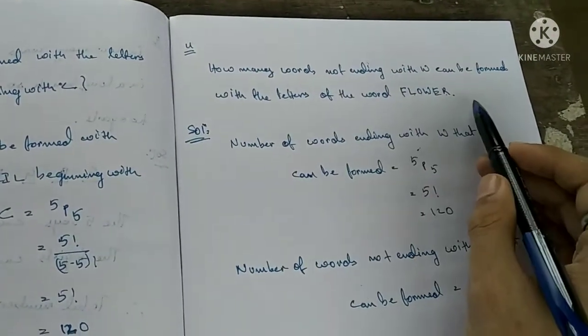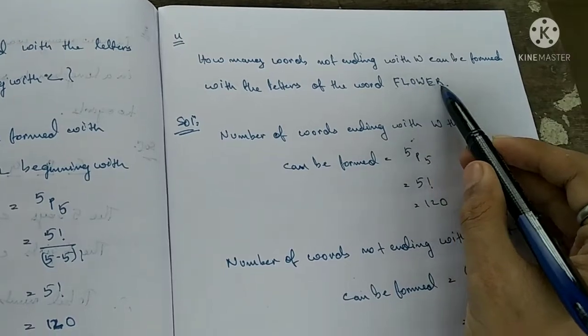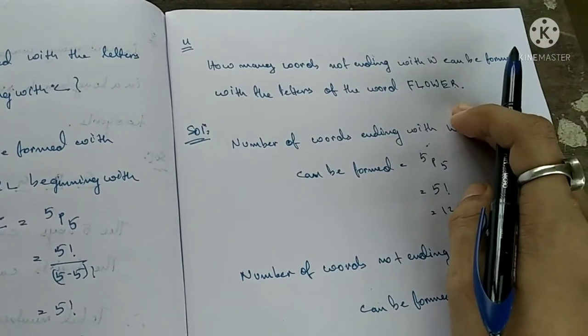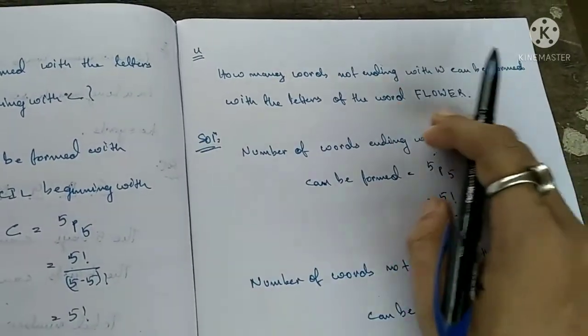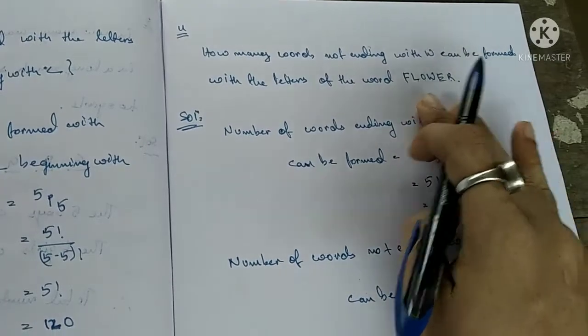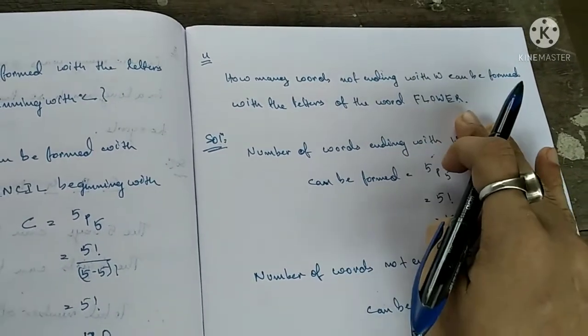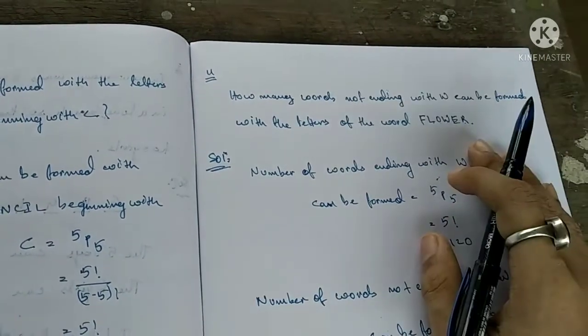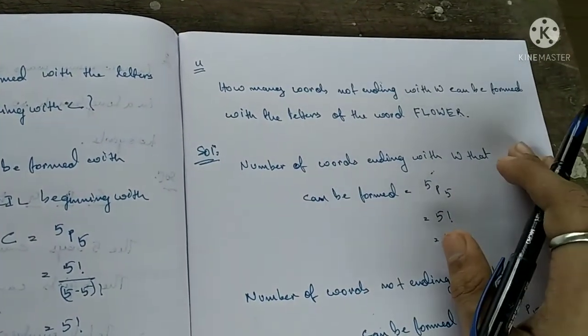Okay, this is the word flower. 1, 2, 3, 4, 5, 6. 6 letters are there. Now, taking all 6 letters at a time, how many ways can I arrange these letters? The total number of ways I can arrange these letters is the total number of words I will get.